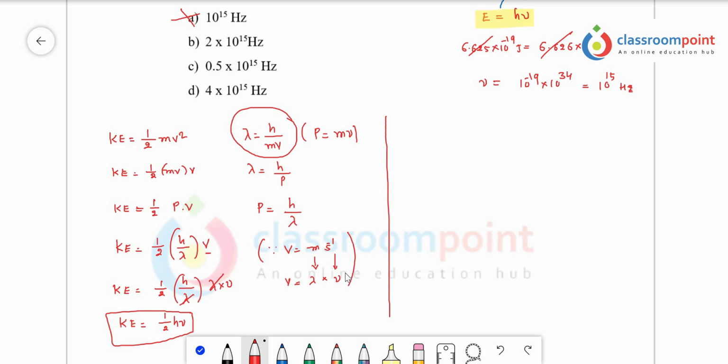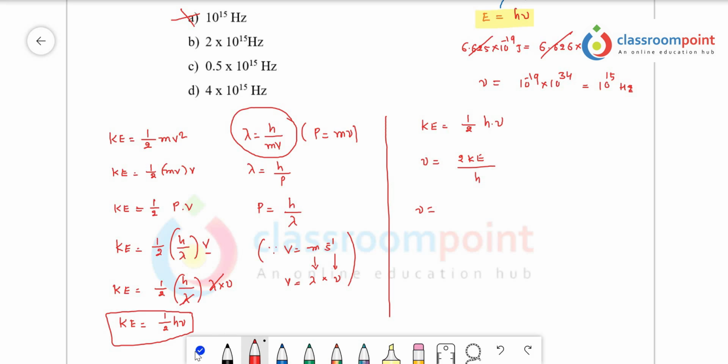Now let's try to solve our problem here. Kinetic energy is equal to half h into nu. We need to calculate the frequency, that is equal to 2 KE by h.